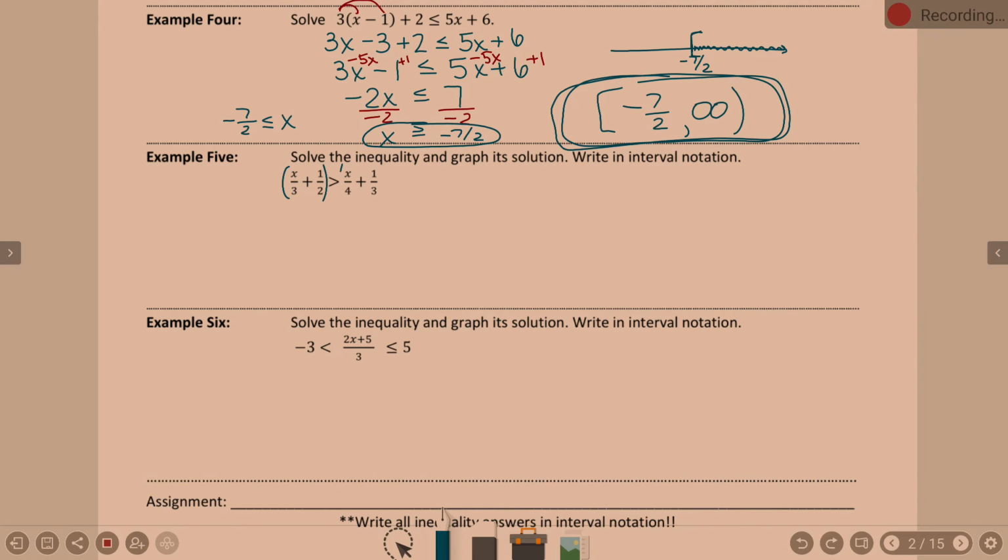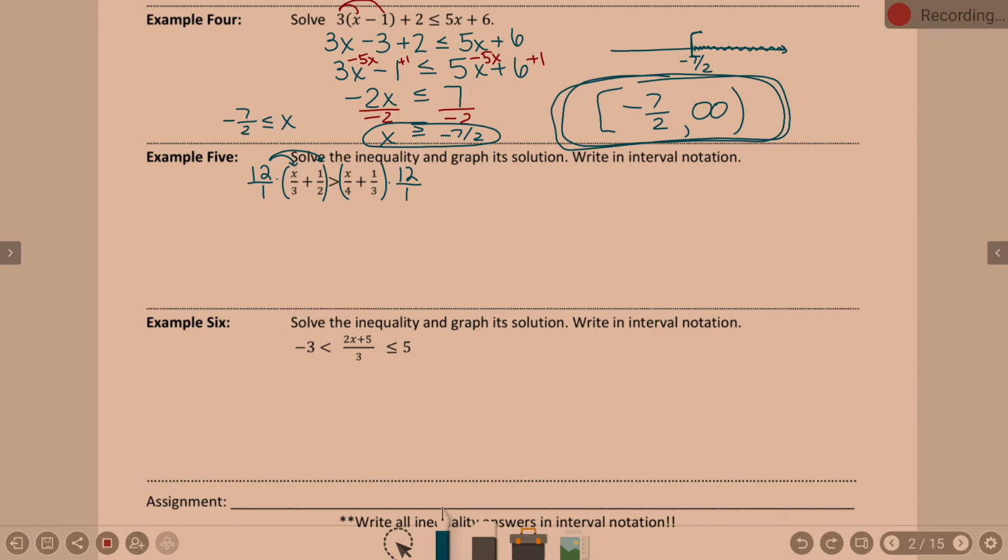So I'm going to multiply both sides of my equation by 12. 12 as a fraction is just 12 over 1, if you need that visual, yes? Okay, so 12 times x over 3. What do you know about 12 times x over 3? Yeah, the 3 and 12 cancel, right? 3 divided by 3 is 1. Then 12 divided by 3 is 4.